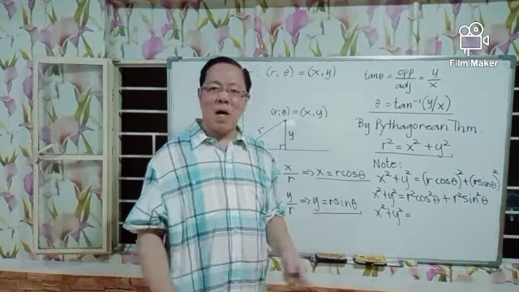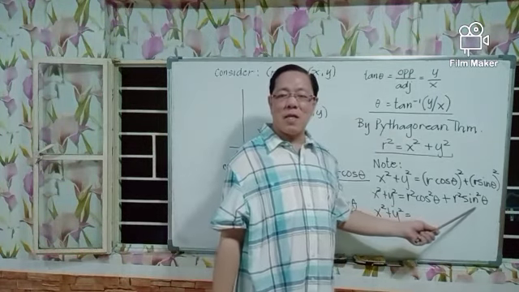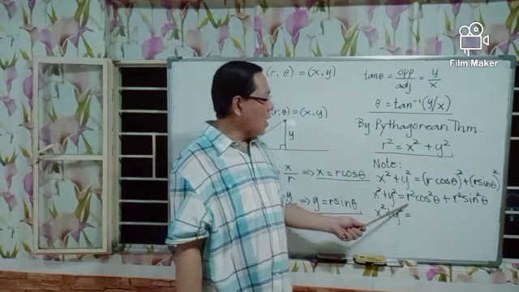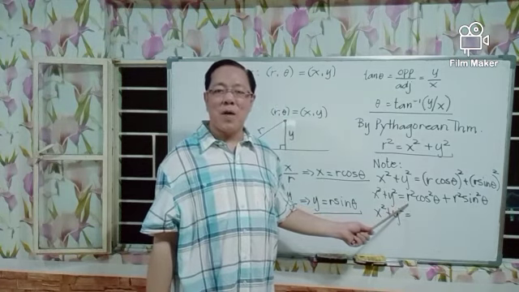And by inspection of the sum at the right hand side, you can see that there is a common factor, r squared. We factor out r squared from the right.